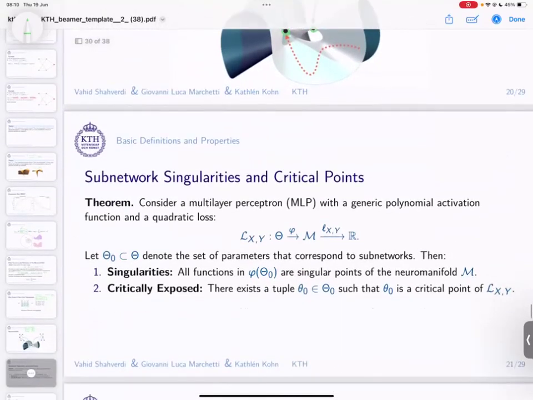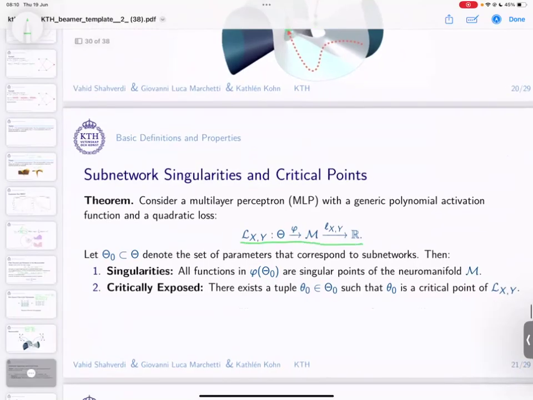And a little bit more on MLPs. That's the main result that we have. Again, consider one MLP, and consider quadratic loss when you consider the optimization. So we have the following setting.